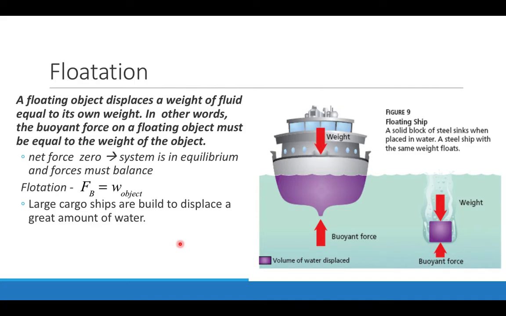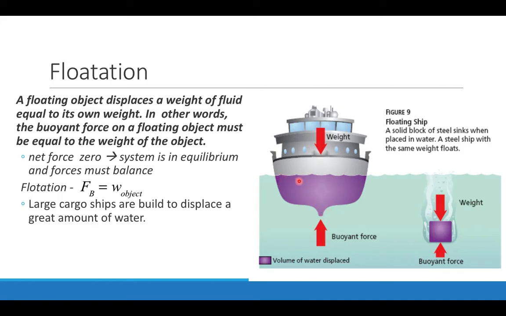And so we could ask the question then, how is it that large cargo ships, which are made out of steel, and steel is more dense than water, can still float? And the answer to that is those ships are built so that they can displace a large amount of fluid, right?